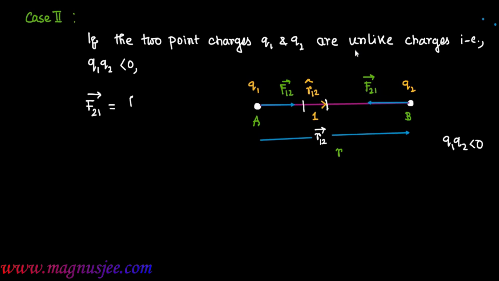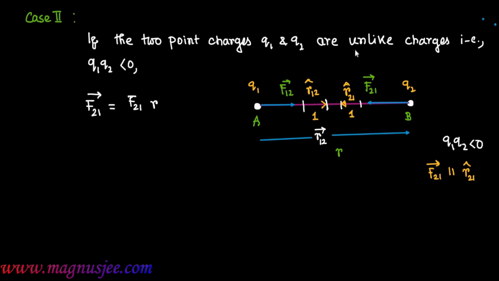Now vector F21 is equal to F21 R21 cap, where R21 cap acts towards the charge q1, that means towards left, and R21 cap is the unit distance vector of the charge q1 from the charge q2 having magnitude 1. Vector F21 is parallel to R21 cap.